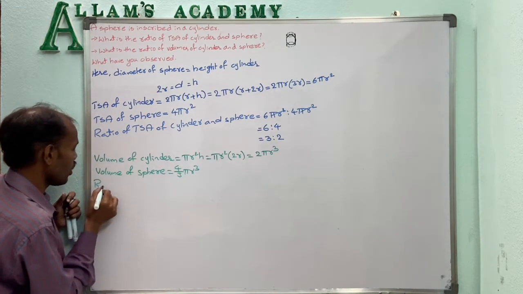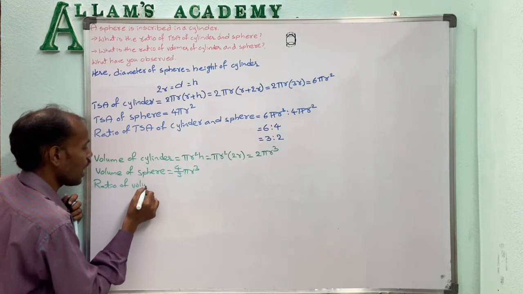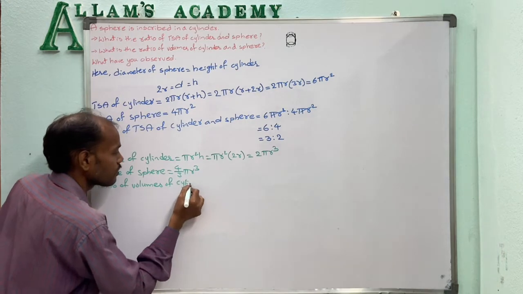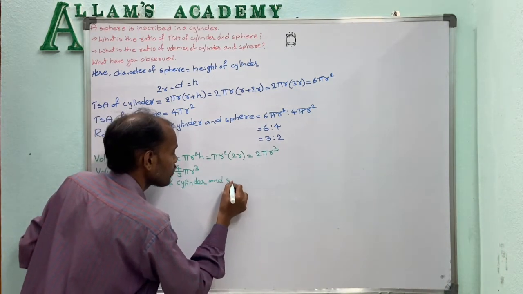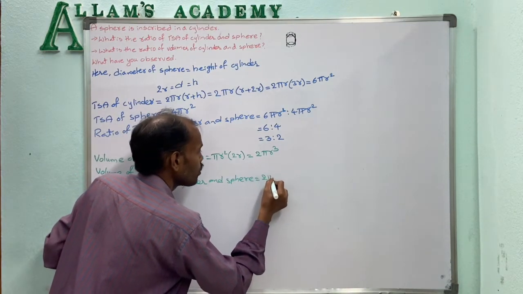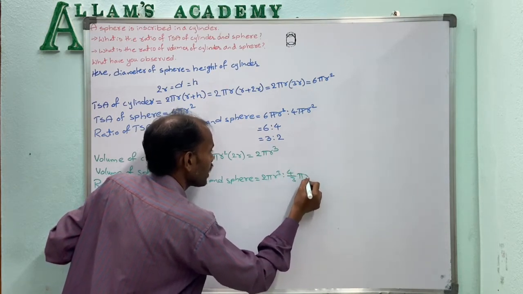So the ratio of volumes of cylinder and sphere equals 2 pi r cube is to 4 by 3 pi r cube.